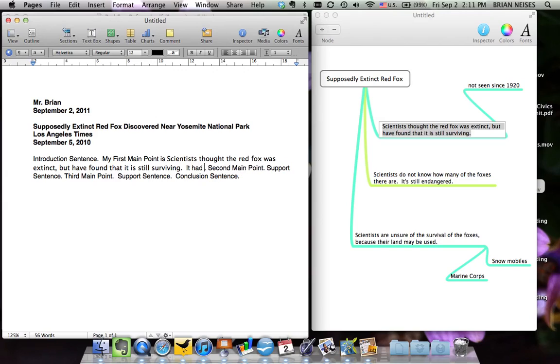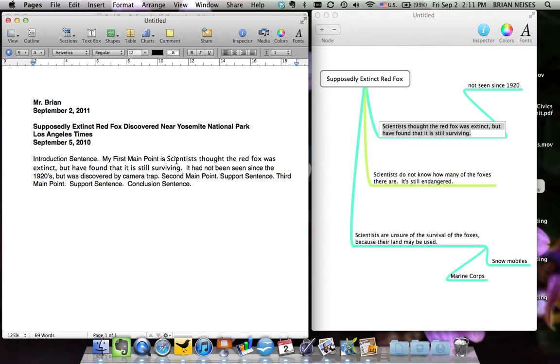So I might write, it had not been seen since the 1920s, but was discovered by a camera trap. Okay? That's what the article tells us how it was discovered. So I've now got my first main point and my second main point.